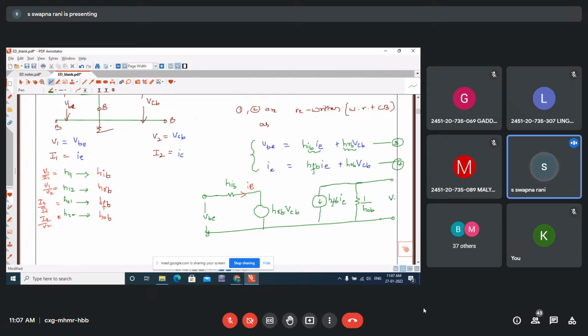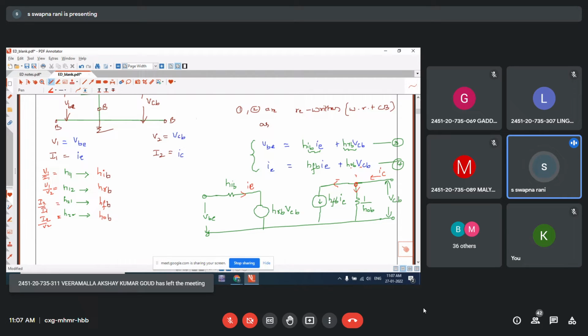If this is VCB, then this is collector current, not this one. This is not the collector current, this is collector current. So current through this branch is HOB into VCB and current through this branch is HFB into IE.